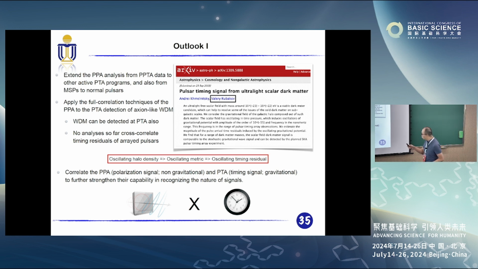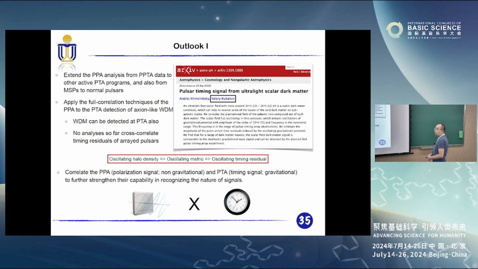So here I think an interesting next step is to explore the constraints from the pulsar polarization array constructed from the normal pulsars. And in addition to that, we can apply the full correlation techniques of the pulsar polarization array to the pulsar timing array detection of axion-like wave dark matter.